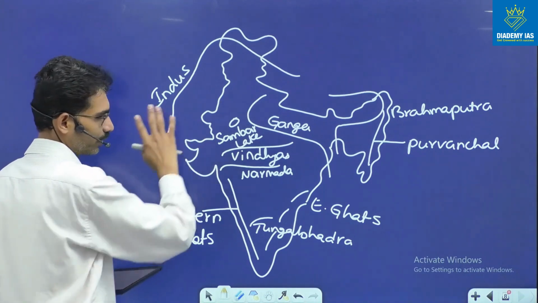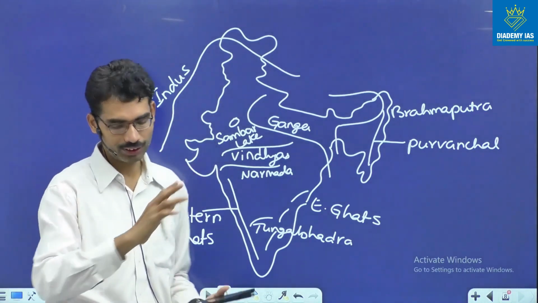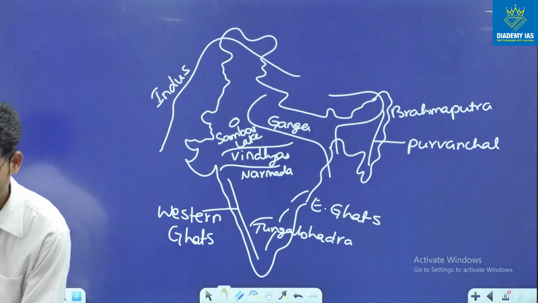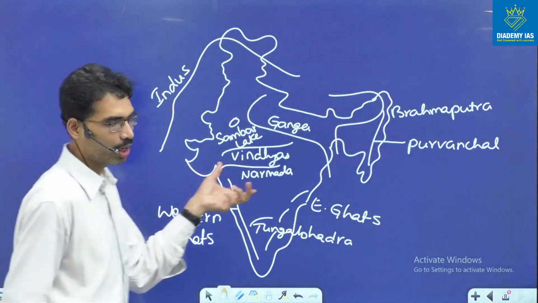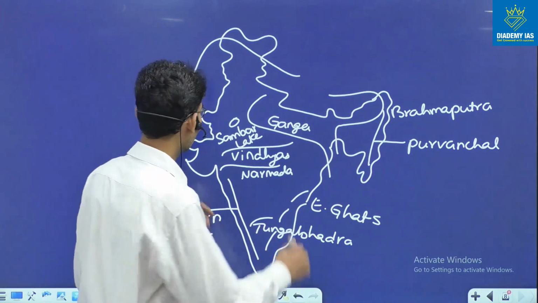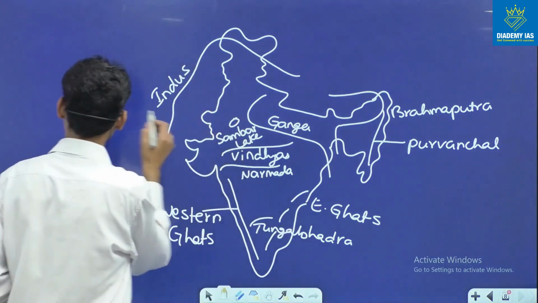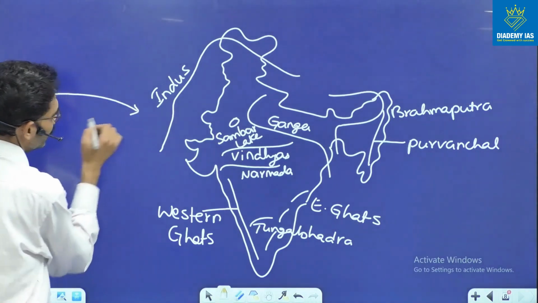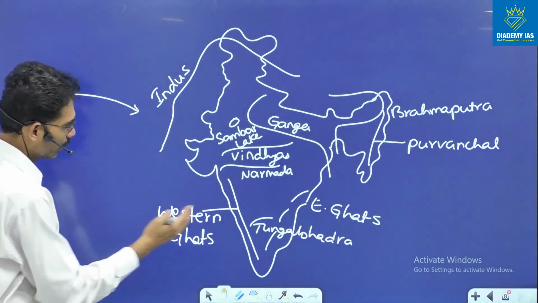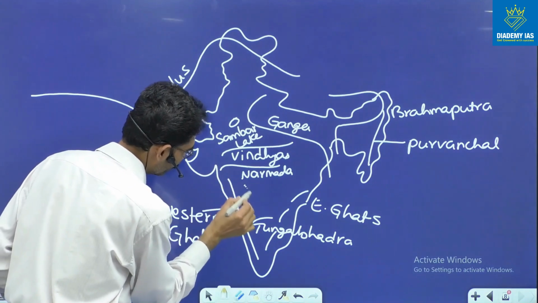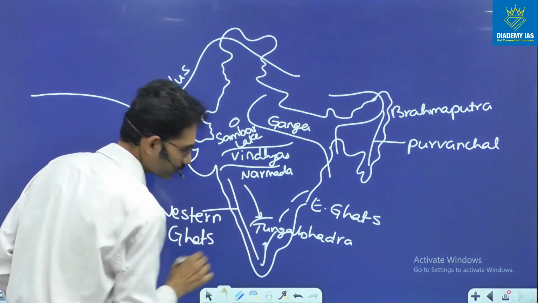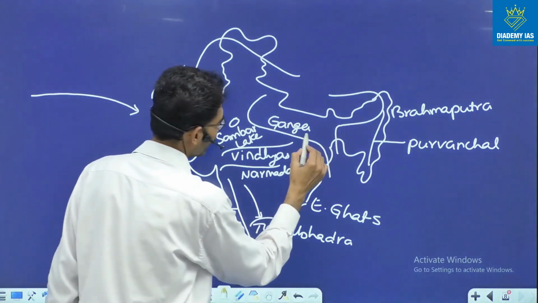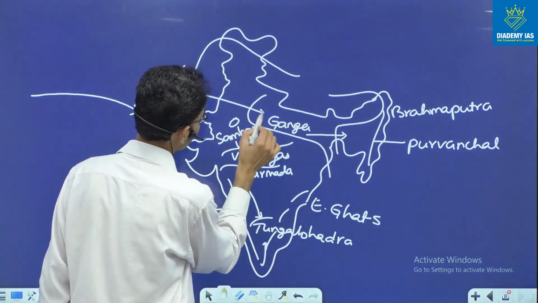Because of this geographic location, there are different types of agriculture practices and different types of house making. For example, this area has the influence of this culture, and this area will have the influence of that culture.